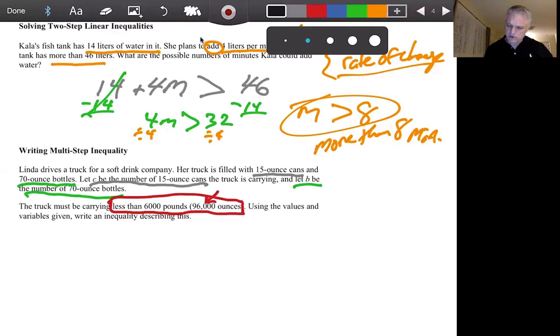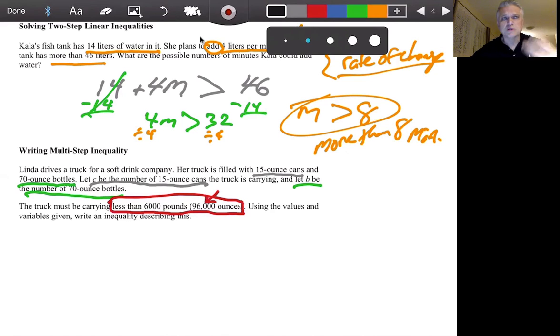We're looking for, okay, now this is how many ounces a truck can carry. So why would a truck have a maximum number of ounces that they could carry, or a maximum number of pounds? Maybe if they're carrying too much, maybe it's just a law. One reason is it could be against the law to have more than 96,000 ounces.